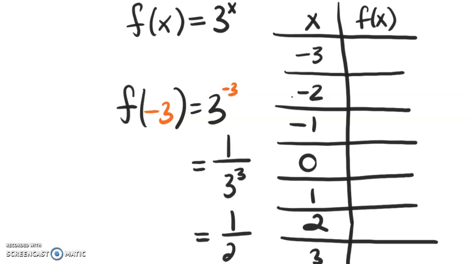So this would be 1/27. Now if I put 1 divided by 27 in my calculator, I'm doing this because I want to be able to graph this, and I don't know what 1/27 is, but I need a decimal approximation, which is 0.037.